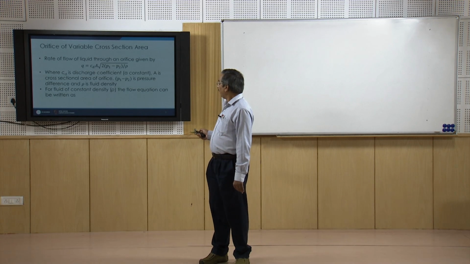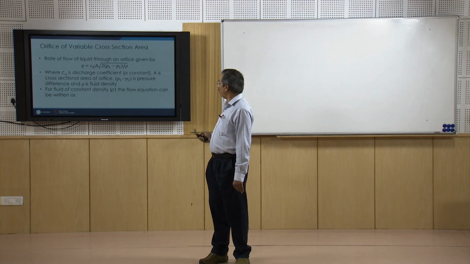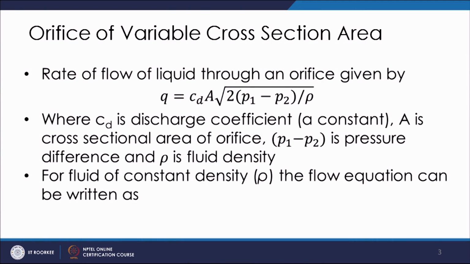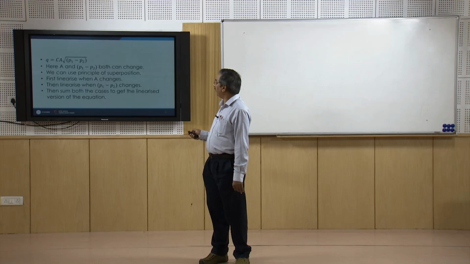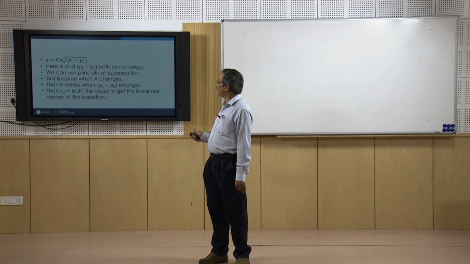If we assume that rho is constant, then we can rewrite the equation as Q equal to C A square root of (P1 minus P2). Here C is a constant. So, you can see that Q is a function of the area of cross section of the orifice and the pressure drop.